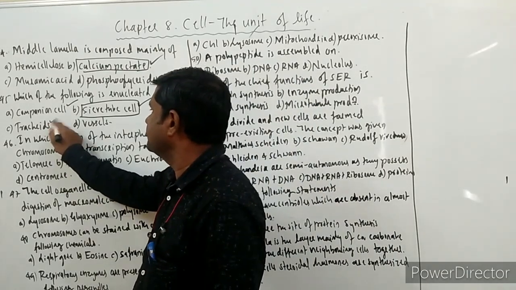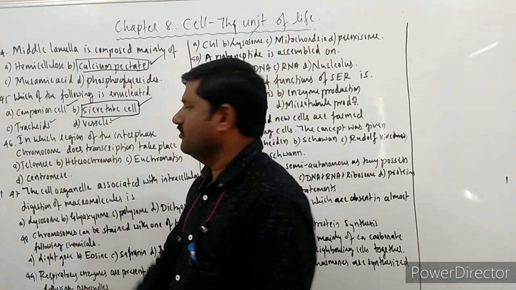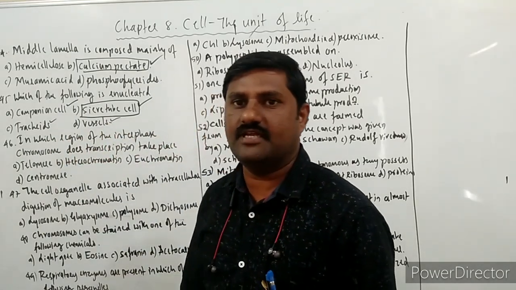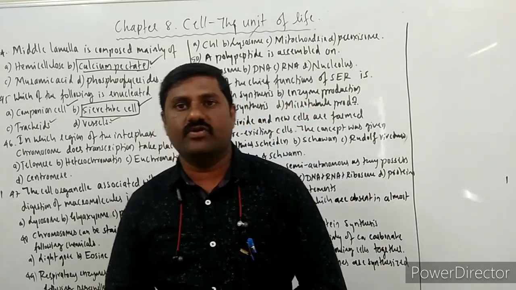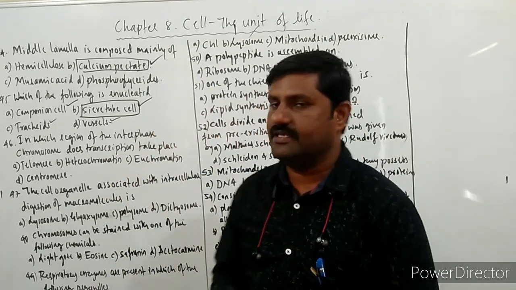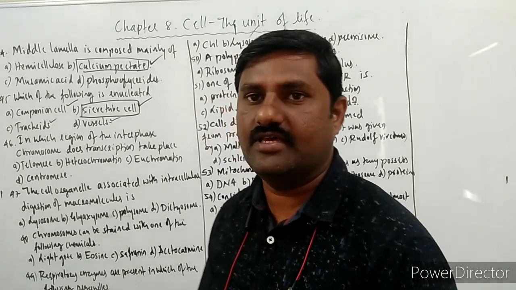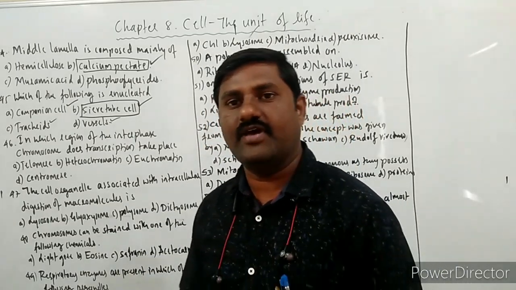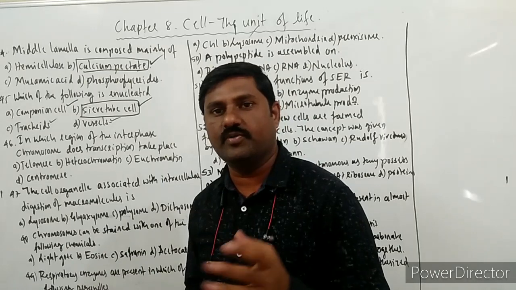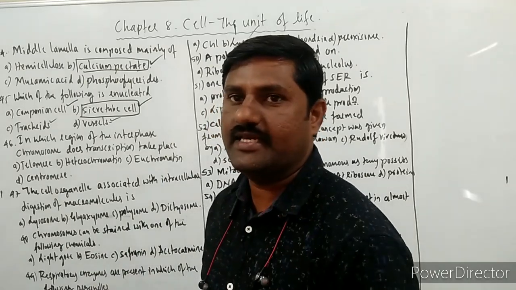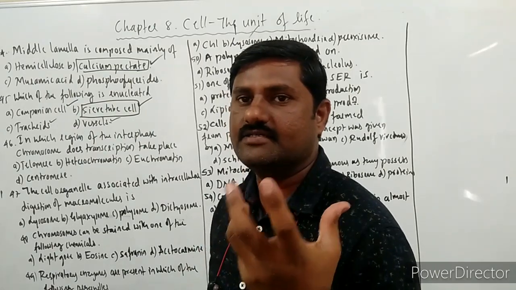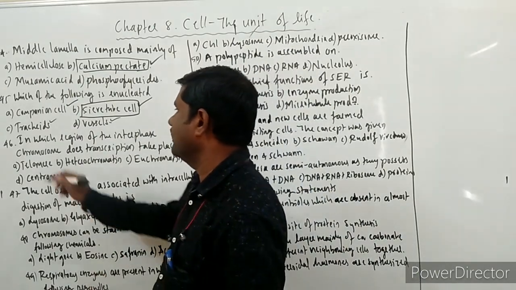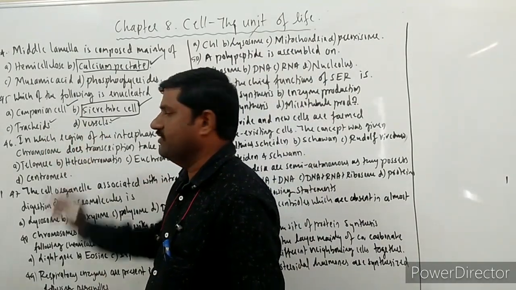Next one, tracheids as well as vessels. So xylem vessels as well as tracheids are dead cells, but what happens in these cases is initially these cells have their own nucleus, but when they reach maturity, that moment they lose the nucleus as well as cytoplasm and become dead vacant cells itself, and such kinds of cells are tracheids as well as vessels.